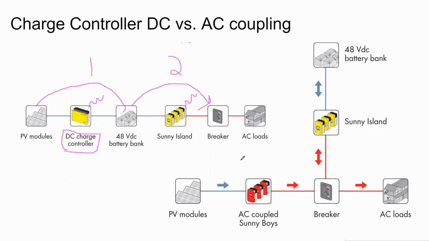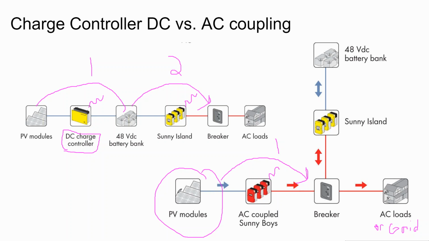Now in AC coupling, let's just say this says loads, or grid. To get from solar to the load or the grid, you're only going through this one-step process with a little bit of efficiency loss.